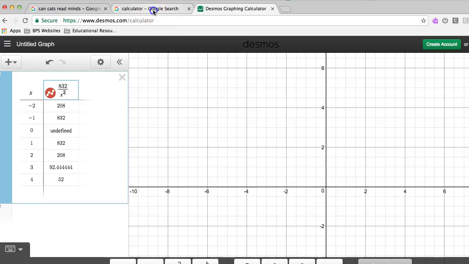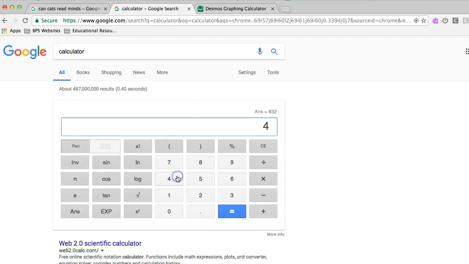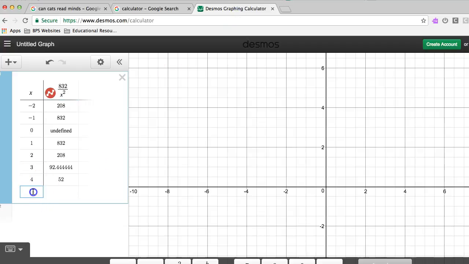Let's see if that works. 4 squared times 52, 832. All right.